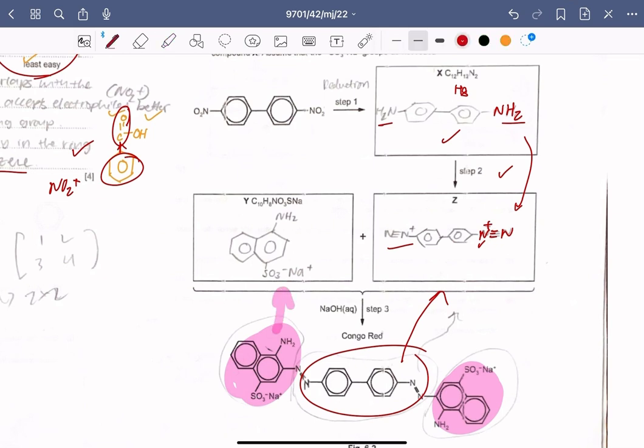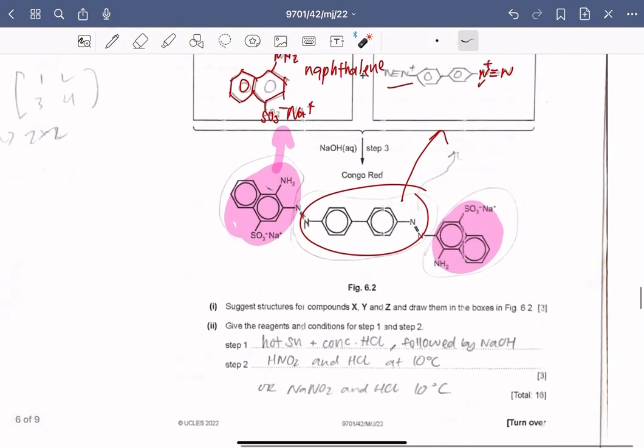It is actually a compound with 2 benzene rings, called naphthalene, with NH2 here and with SO3 minus Na plus here, and therefore it's going to form a bond later here with the N triple bond N.